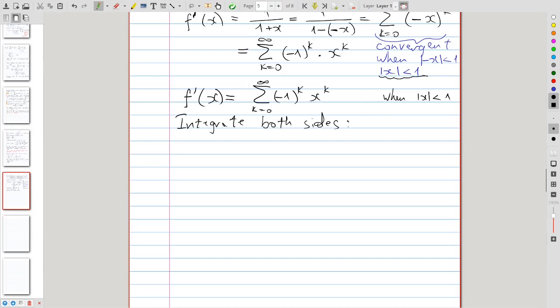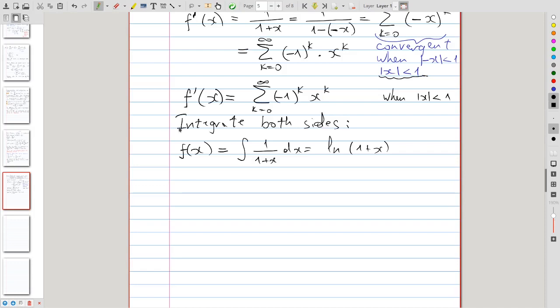So if we integrate both sides, on the left we will have f of x. So that is the integral of 1 over 1 plus x. So that's log of 1 plus x. That's precisely the function that we are looking to represent by power series.